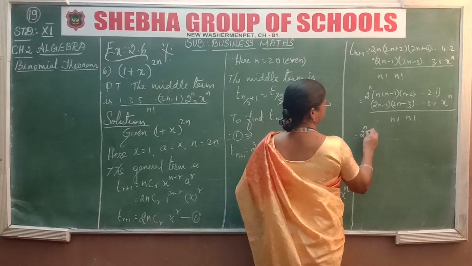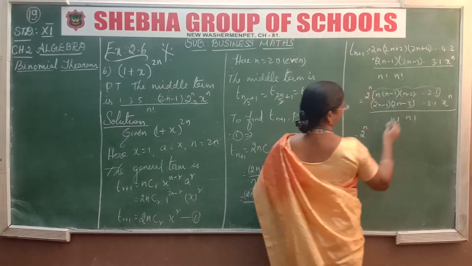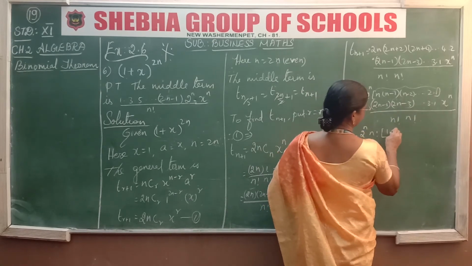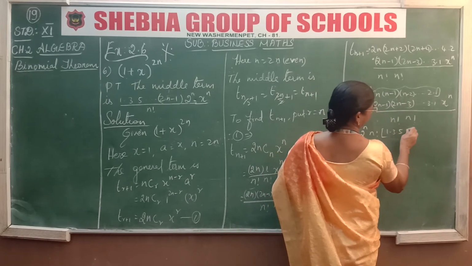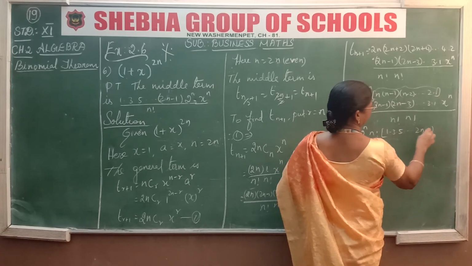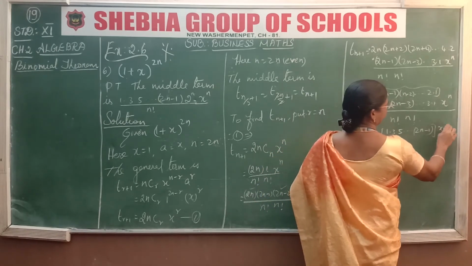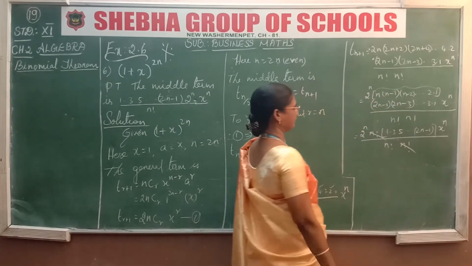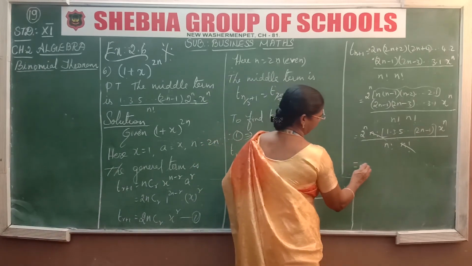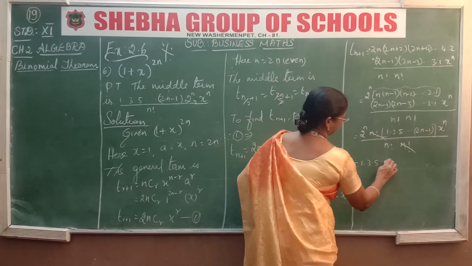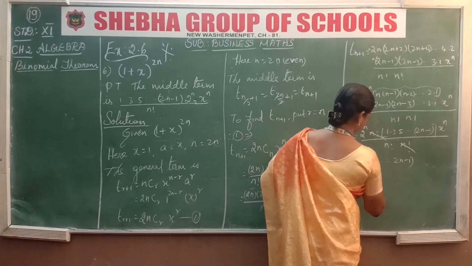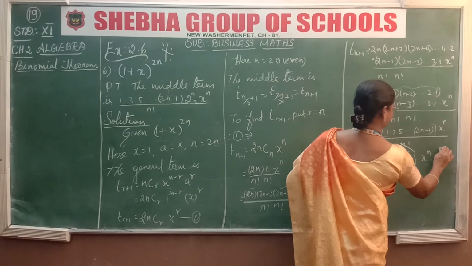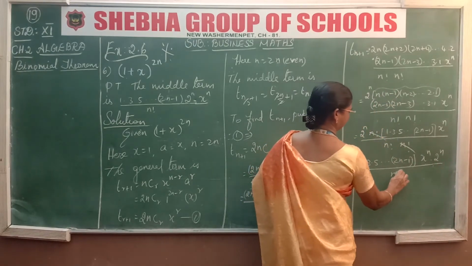So 2 power n into, this is what? This is n factorial into this, write in reverse order, that is 1 into 3 into 5, etc. up to 2n minus 1, you write last term only, into x power n by n factorial into n factorial. Now n factorial gets cancelled. We get 1 into 3 into 5, etc. up to 2n minus 1 into x power n into 2 power n by n factorial.